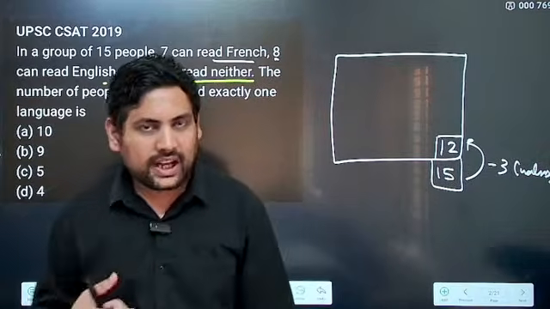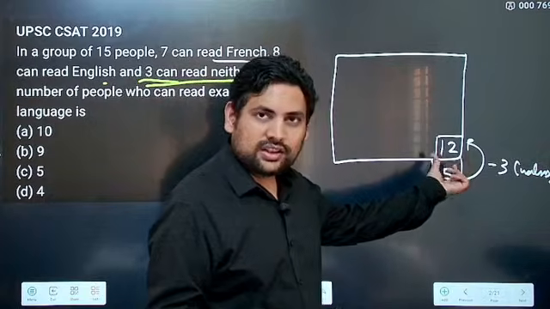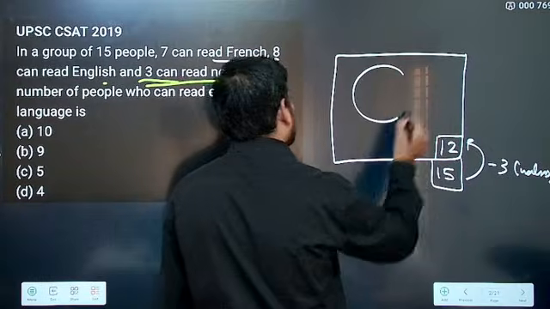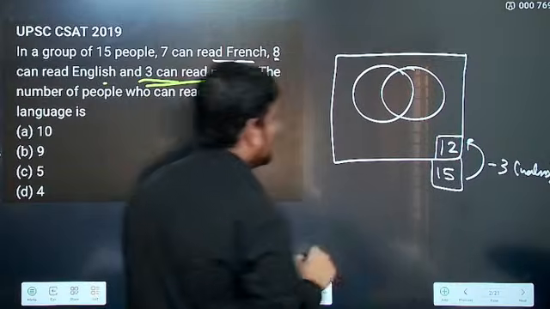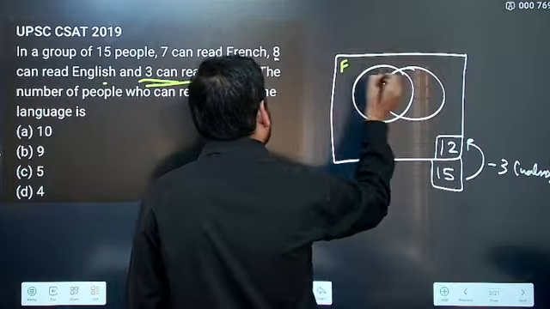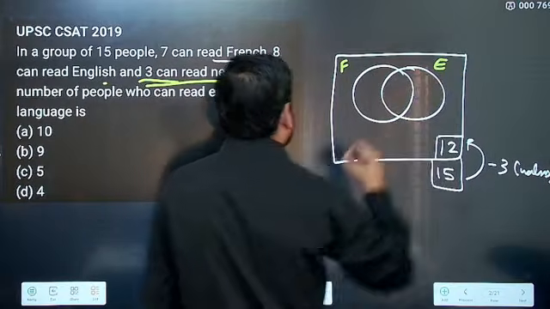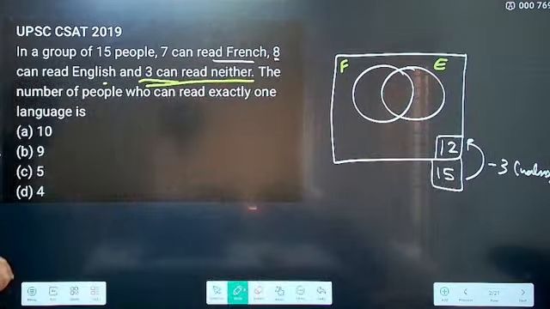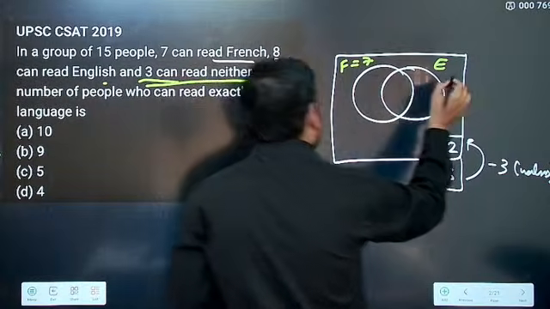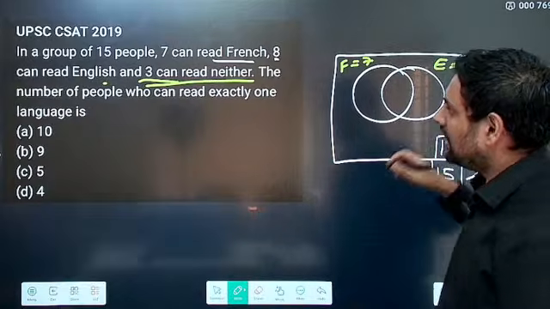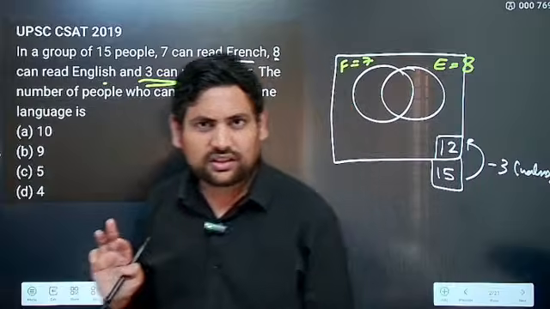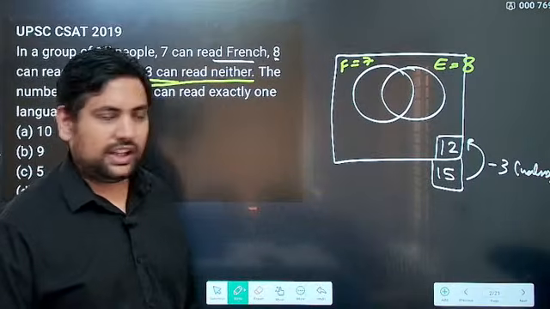Now, whatever diagram I draw will be equivalent to this 12. Then there are 2 circles like this. One is of course for French and the other is for English. How many French? 7 people can read French, so F is equal to 7. How many can read English? English can be read by 8 people. Correct? 7 and 8.